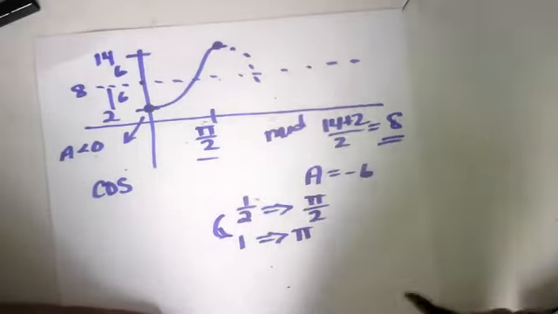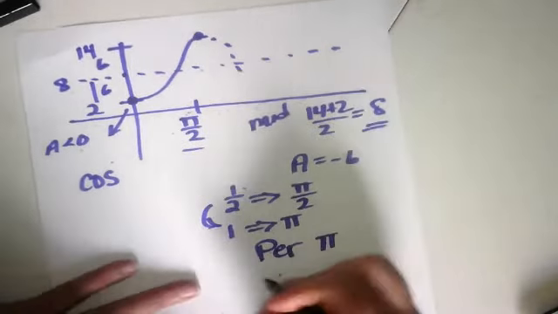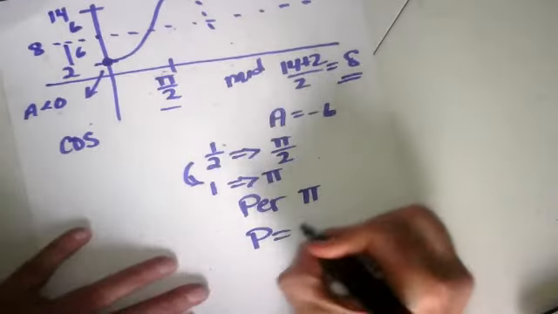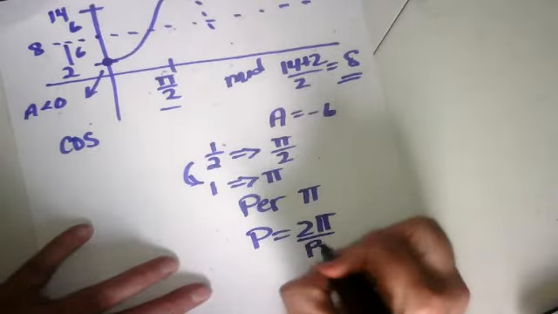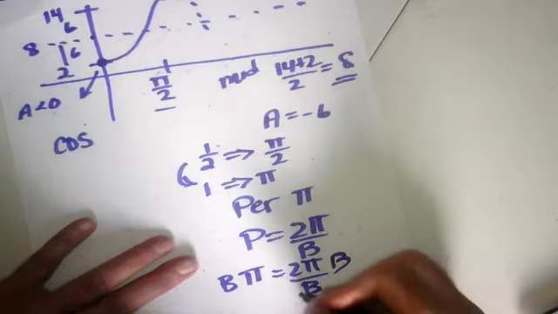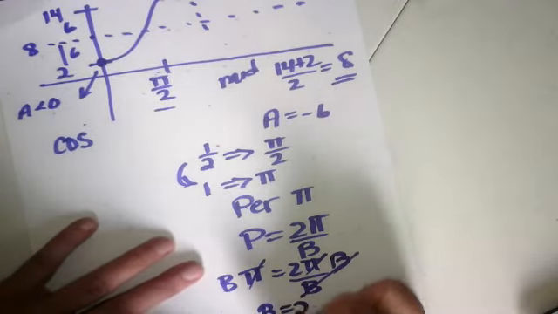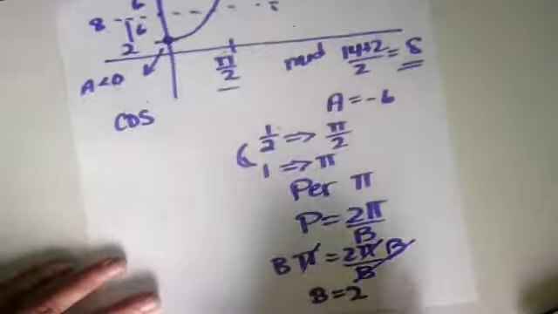So that tells me that my period is pi, and then I would have to do p equals 2 pi over b. So if I know that that's pi, 2 pi over b, I multiply by b, I divide by pi, and that tells me that my frequency in this case would be 2.